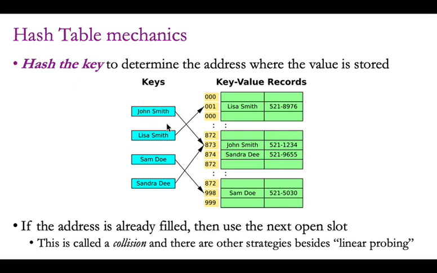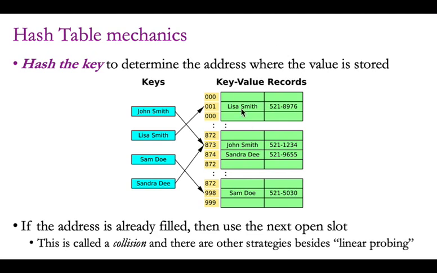If you take the key and hash it, that tells you where the data is stored. Then you can immediately jump to the location and find it without having to scan through all the locations to find the value you're looking for.